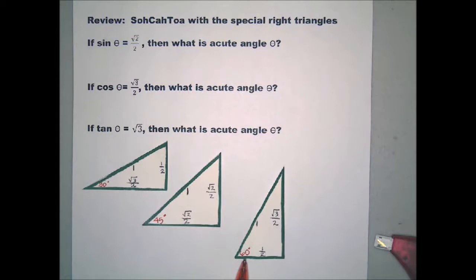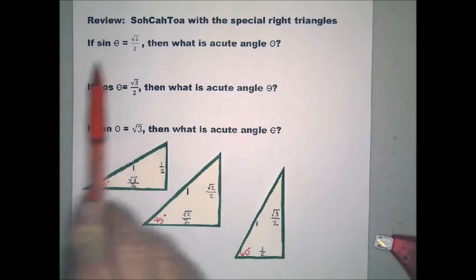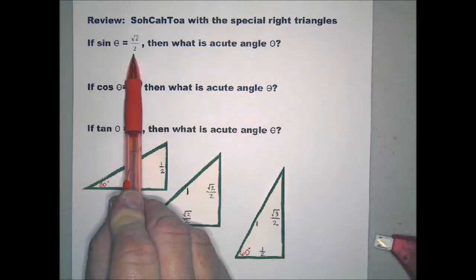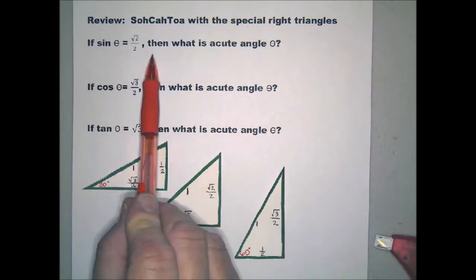Now they're all placed as if they were in quadrant 1, so everything's positive, and notice I have the hypotenuse of each triangle equal to 1, so it's been standardized to where it does fit in the unit circle with a radius of 1.